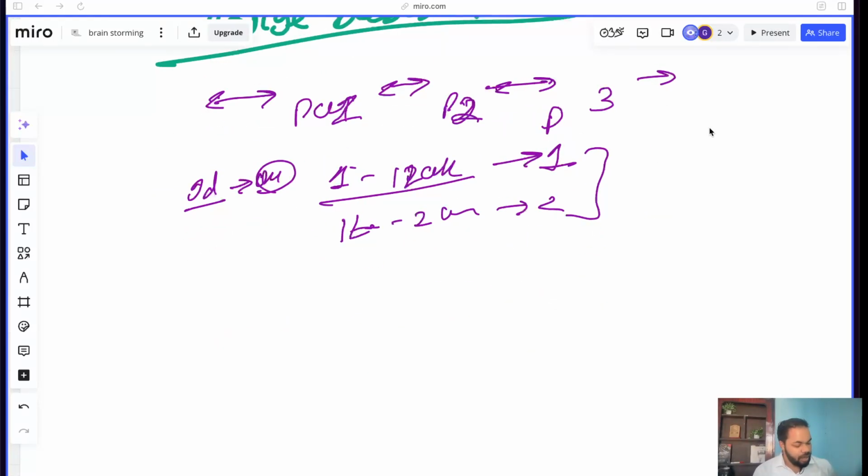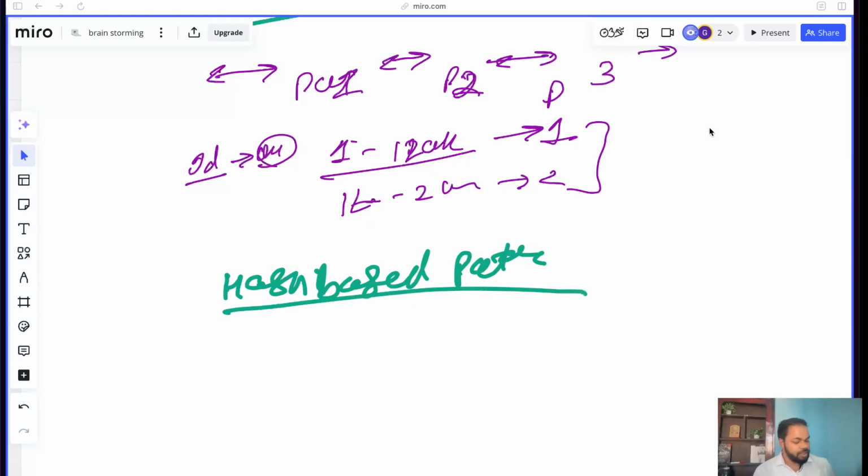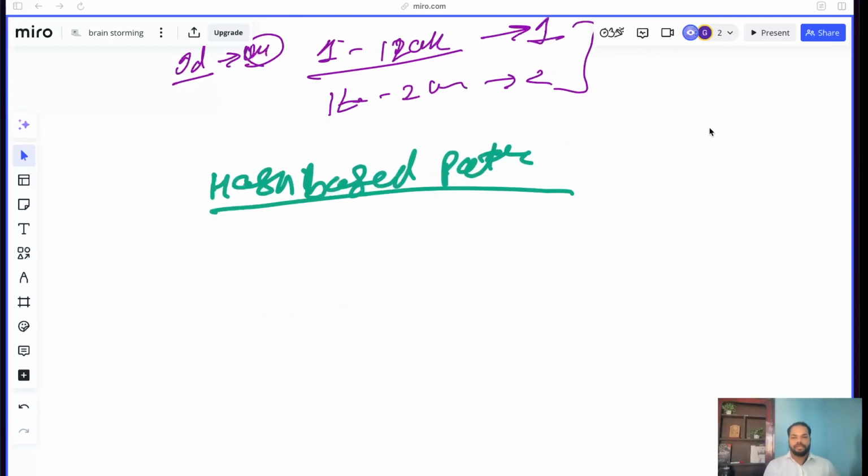And then we have another scheme, that is hash based partitioning. This is used when you have a key, and that key can be hashed in multiple ways, right?